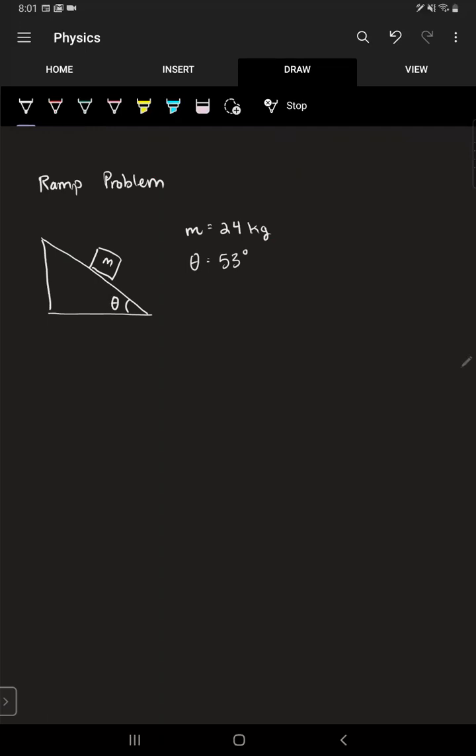I would like for you guys to find what is the force exerted on the box down the ramp, right?